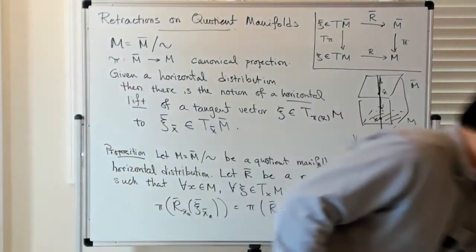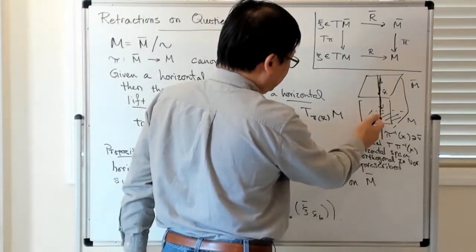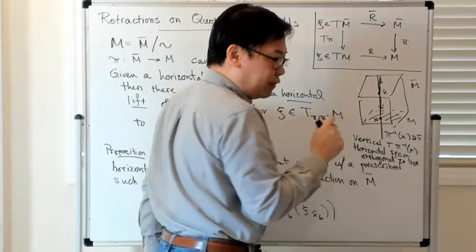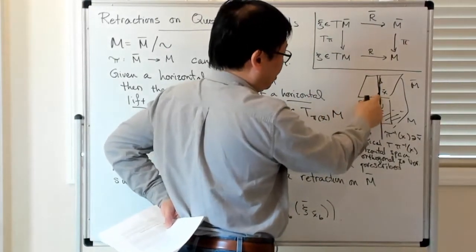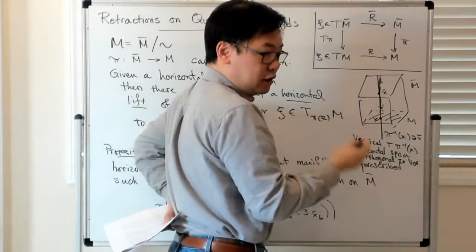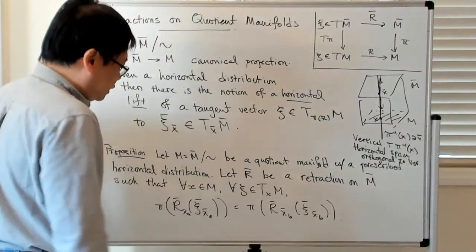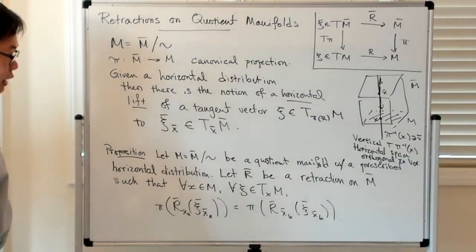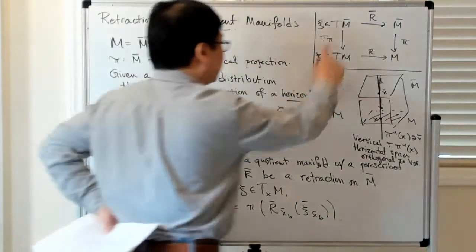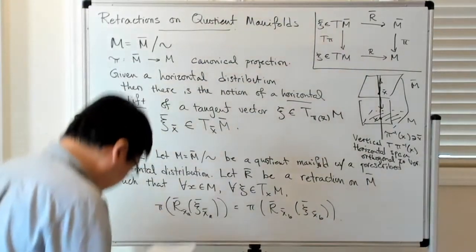It's nothing mysterious, and it again just has to do with the fact that the horizontal lift is well defined once you pick which point in M bar, in the fiber, you want to work with, but you have the flexibility to choose what X bar is, and this is exactly the flexibility which I'm trying to check. That going around this loop in this way is independent of that choice.